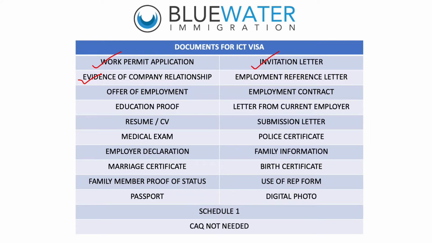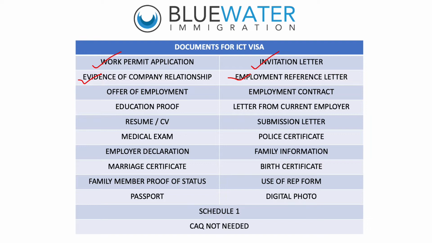It should show the company's full address, telephone number, fax numbers, and must be stamped with the company's official seal. So what goes into this reference letter? It should have information such as how long you've been with the company, what your main responsibilities were, your annual salary, the business card of the person signing, and so on and so forth. That's the kind of information that goes on the employment reference letter.